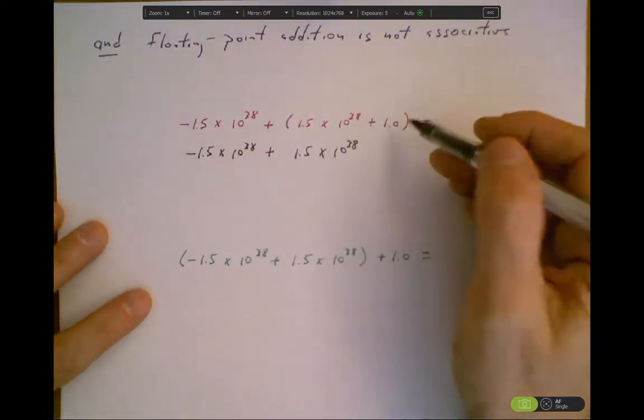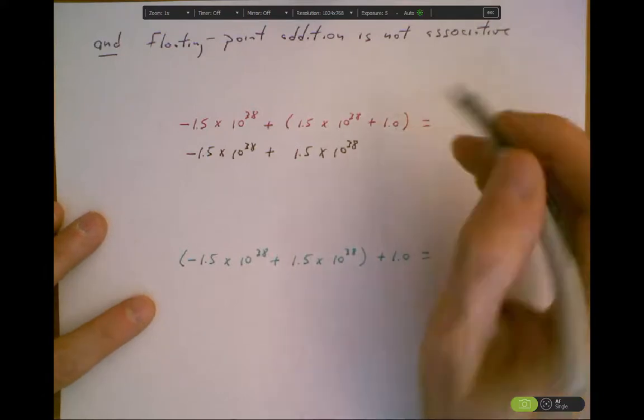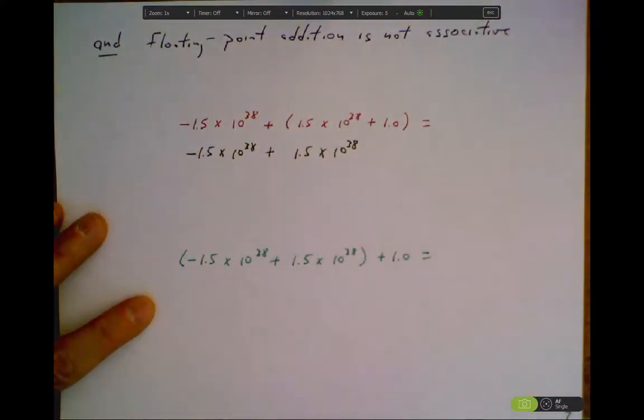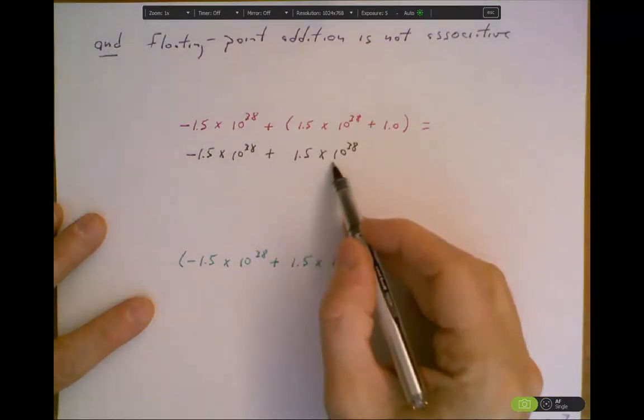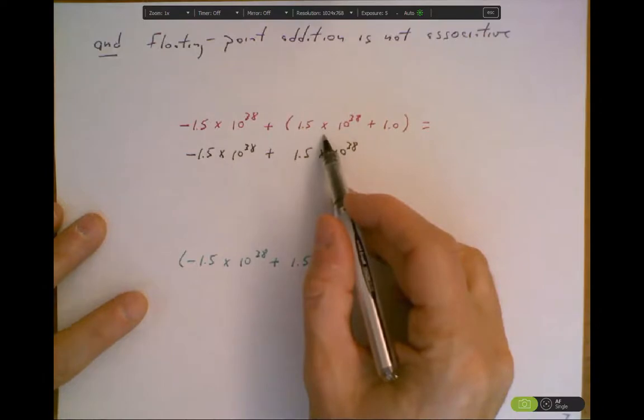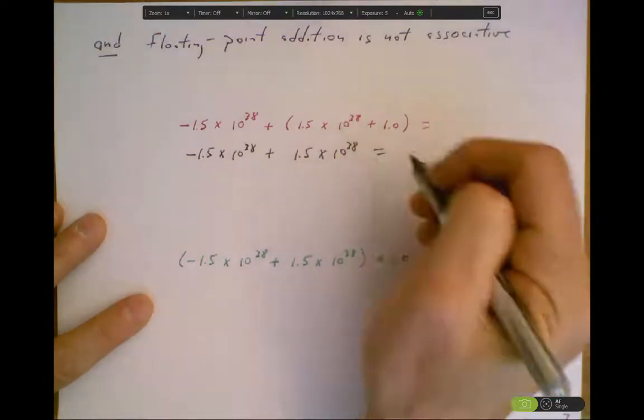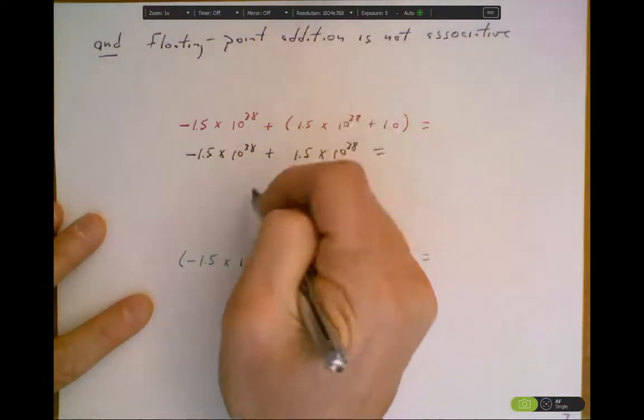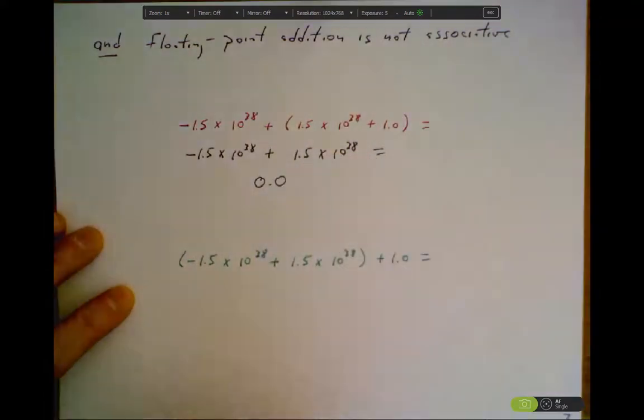When I go to align these, I'm going to shift the 1 way out to the right, too far to ever be seen again. The result of the addition will simply be the same value back. So that when I get done and add the final 2 values here, I get 0.